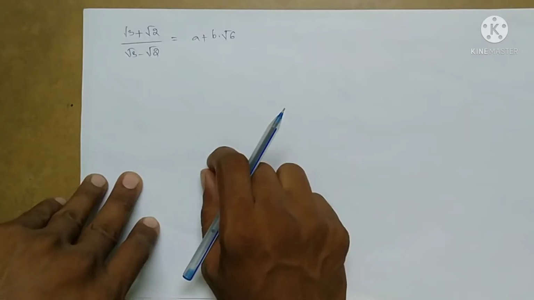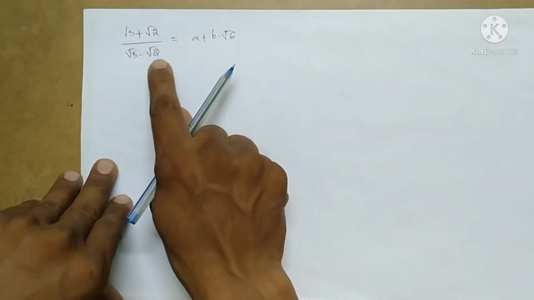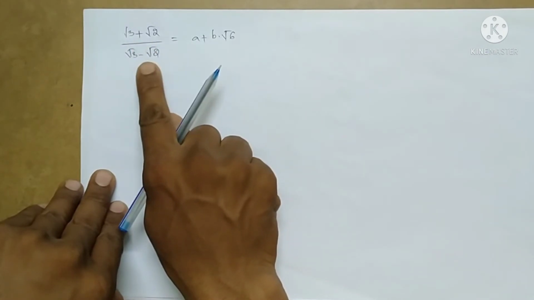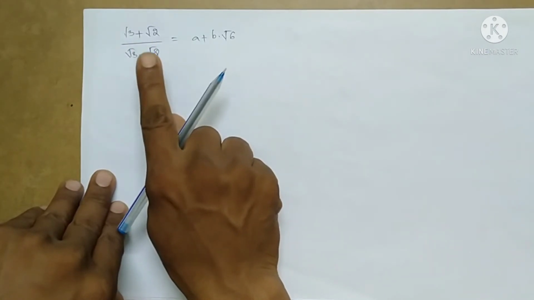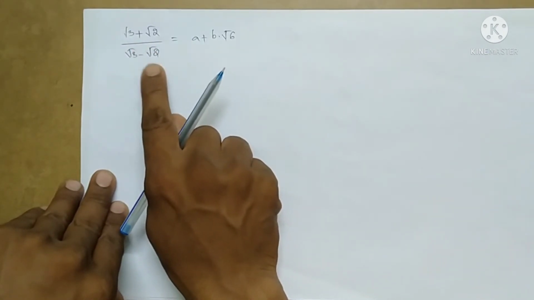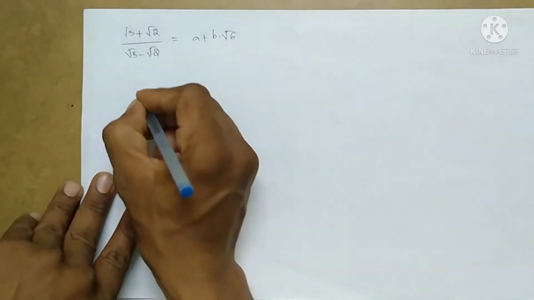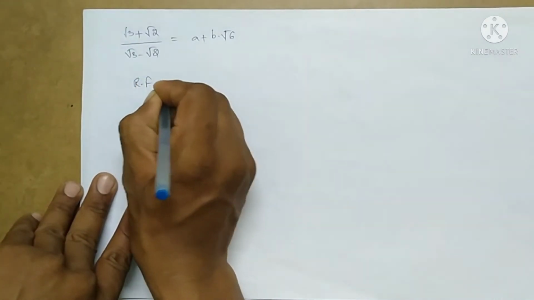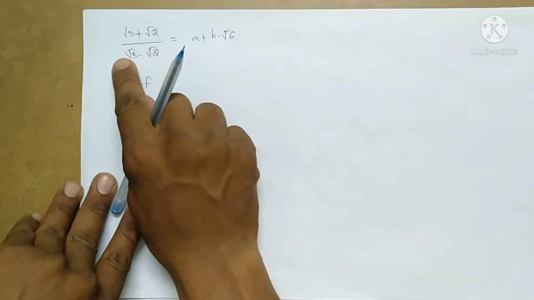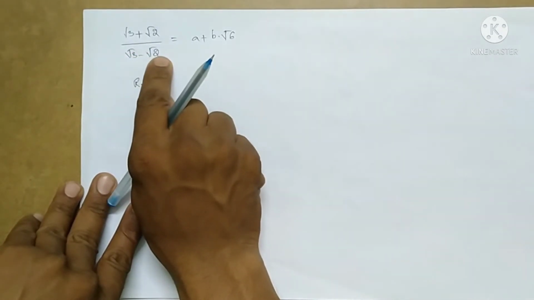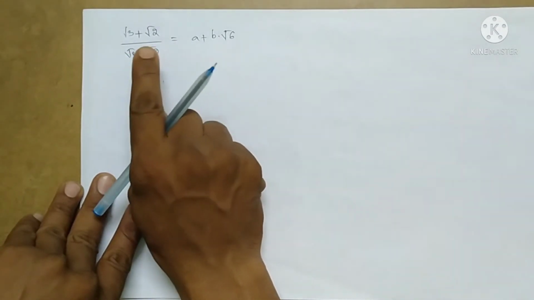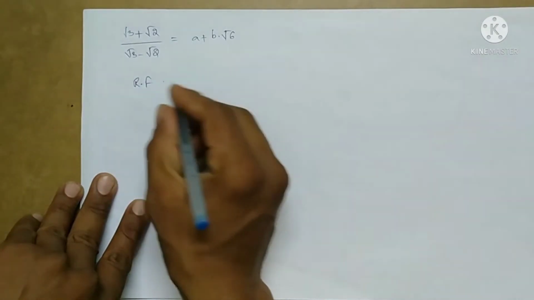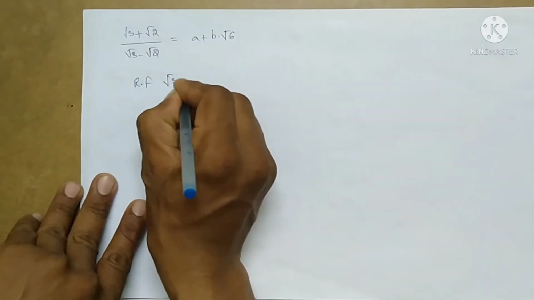So we already know from our previous problems how to rationalize the denominator. Here the denominator is an irrational number. We have to rationalize the denominator. Here the denominator is root 3 minus root 2. The rationalizing factor becomes root 3 plus root 2.